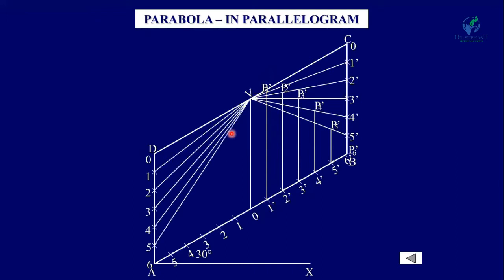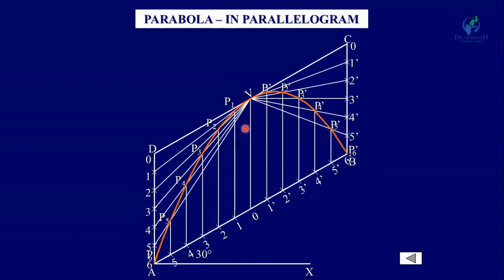Join V1, V2, V3, V4 and V5, draw vertical lines from 1 and get point P1, P2, P3, P4, P5 and P6. Now join all these points from P1 to P6 and P1 dash to P6 dash by a smooth curve. So this curve is our parabola, and this method is known as the parallelogram method.